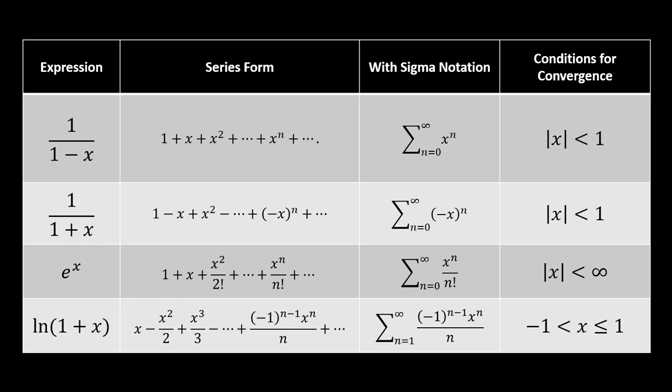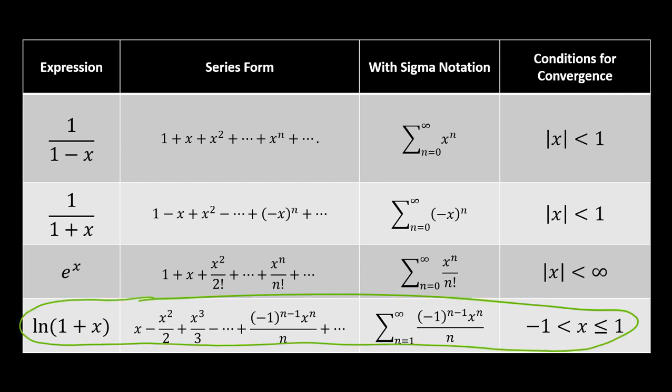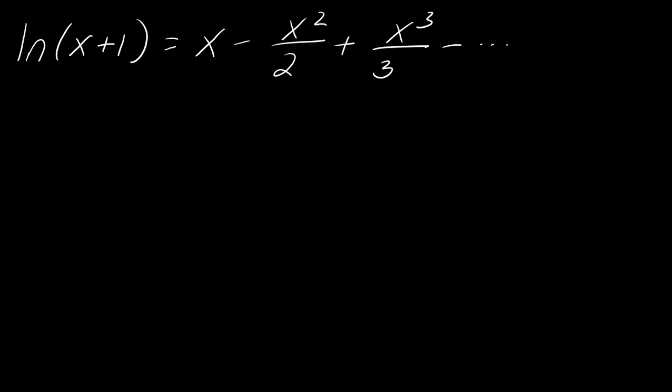Specifically, if I think about the Taylor series that I know, I do know natural log of 1 plus x. That's not quite the Taylor series that I have, right? So natural log of x plus 1 is equal to this Taylor series. Now what I need to do is take this x plus 1 and shift it so that instead of being x plus 1, it's x minus 1.